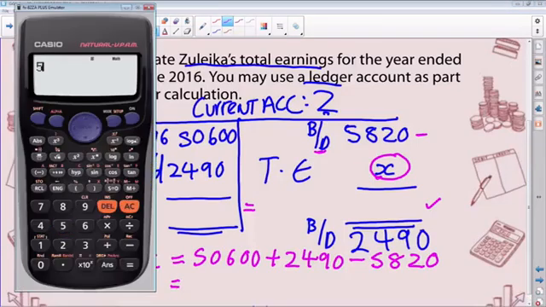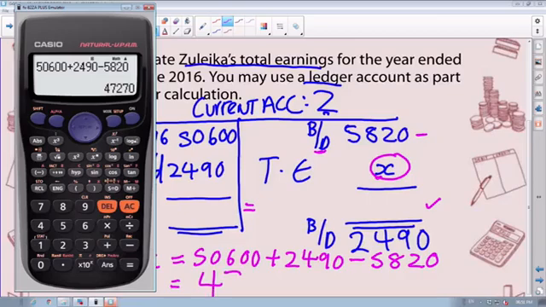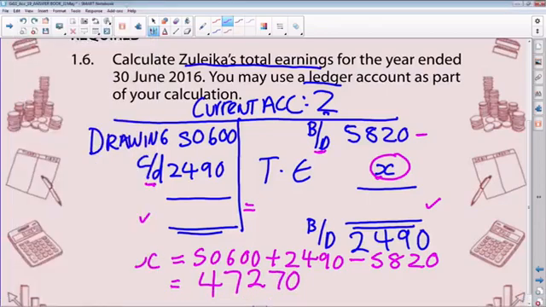So we've got 50,600, and then we're adding 2,490, and then minus 5,820, and that gives us total earnings of 47,270. So that is my missing figure. I've now calculated total earnings with the help of a ledger account.